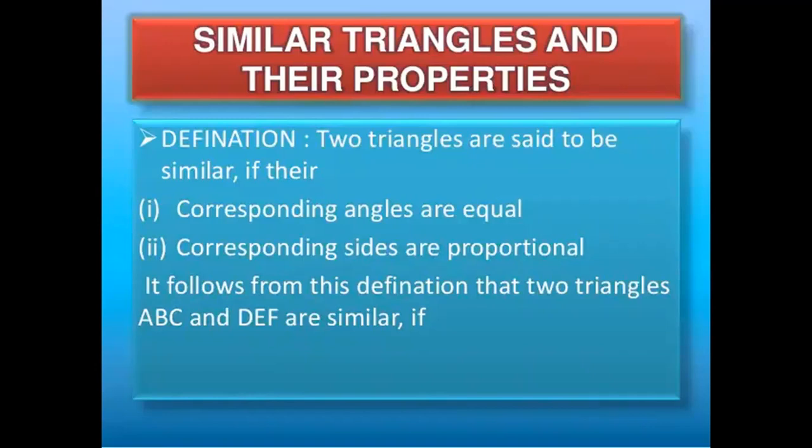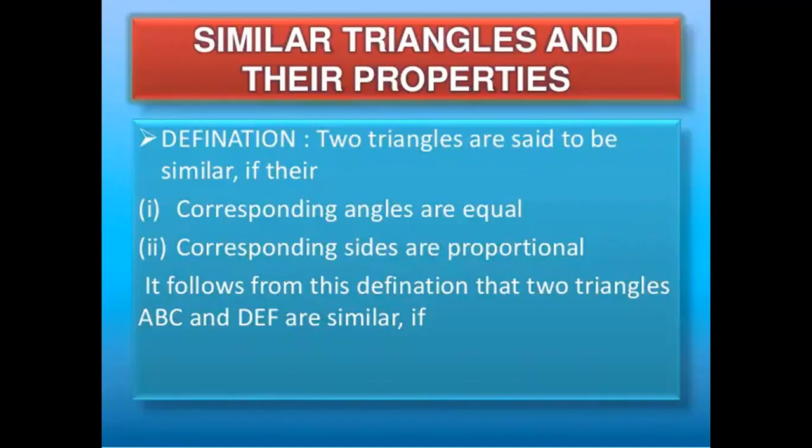Thank you, Otto. So the second qualification is that two triangles are similar when the corresponding sides are proportional. What is proportional? We can use ratio and proportion so that we can say that their sides are proportional. So these are the two qualifications by which we can say that two triangles are similar.